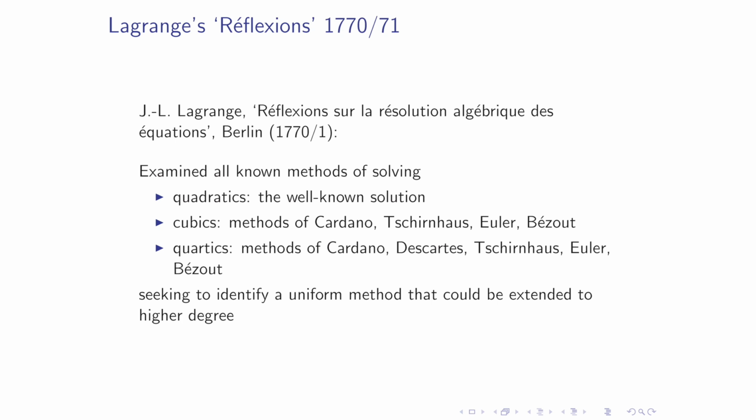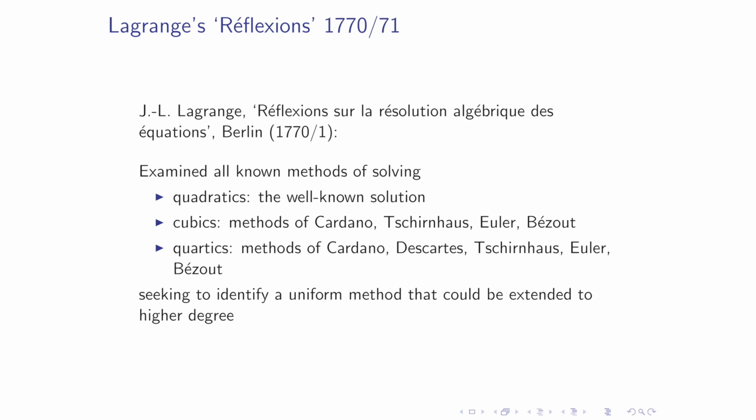But at this point we get to Lagrange, who I've already mentioned a couple of times. In 1770, he produces this enormous text, about 200 pages, and presents it to the Berlin Academy: Reflections on the Algebraic Solution of Equations. In this text he looks at all the methods that people have written down before him.